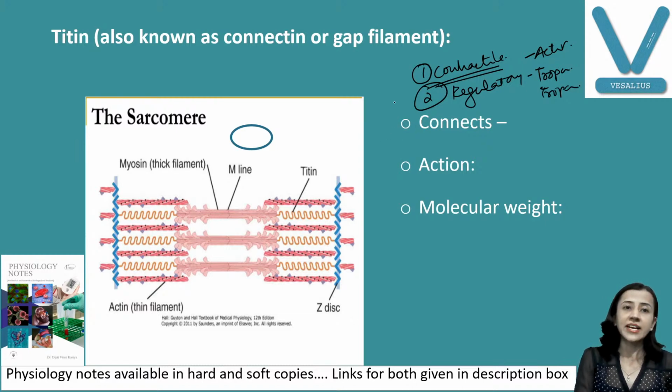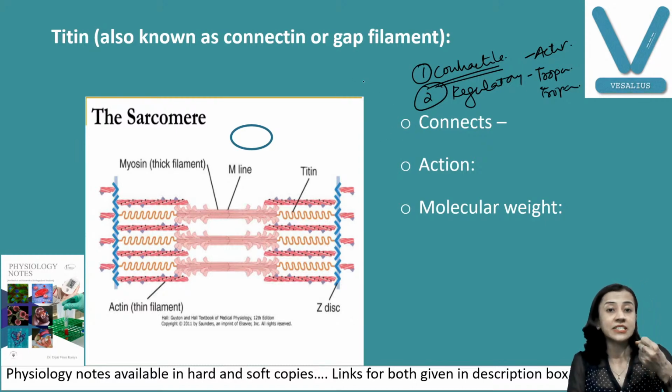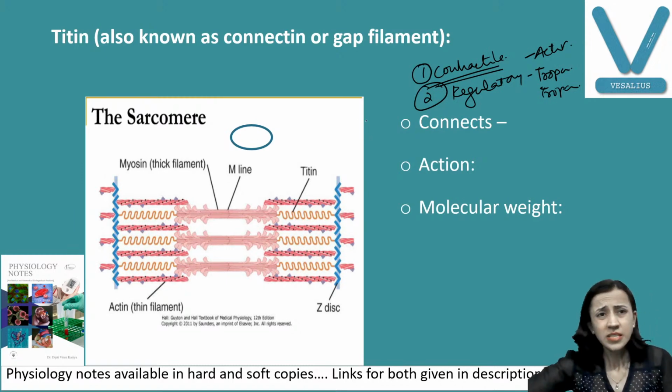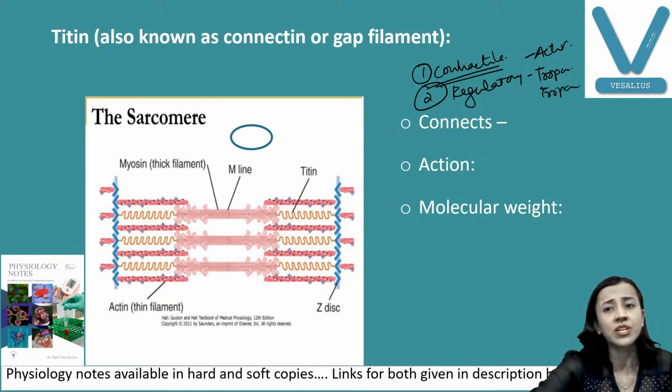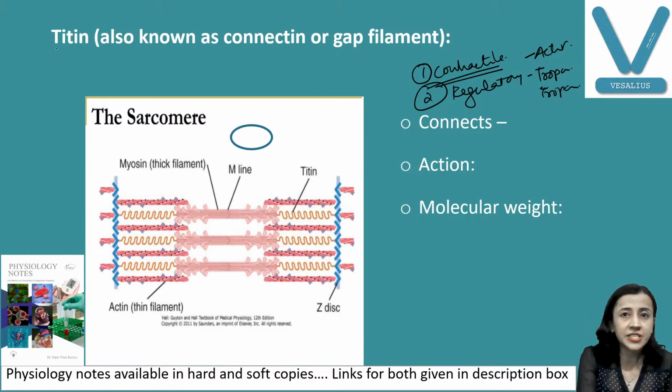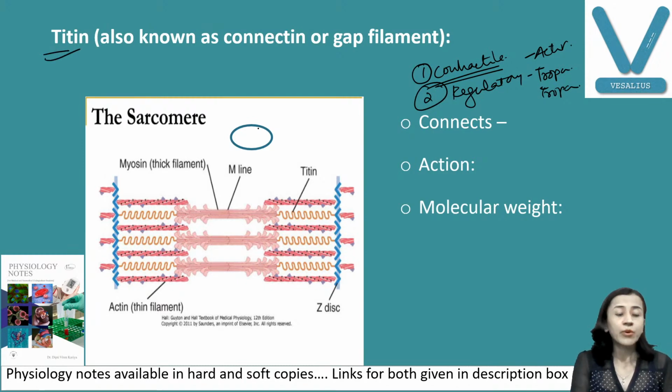And the third variety are anchoring proteins, which strengthen your sarcomere. They are titin, nebulin, and actinin. We will discuss them, starting with titin. Another name of titin is connectin or gap filament. You can see here, this is the titin molecule.